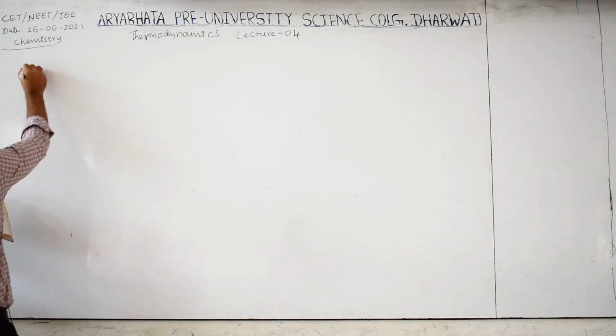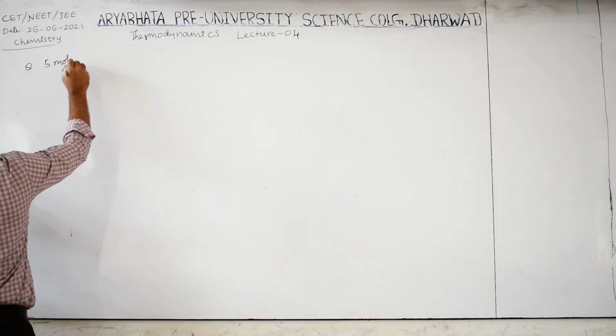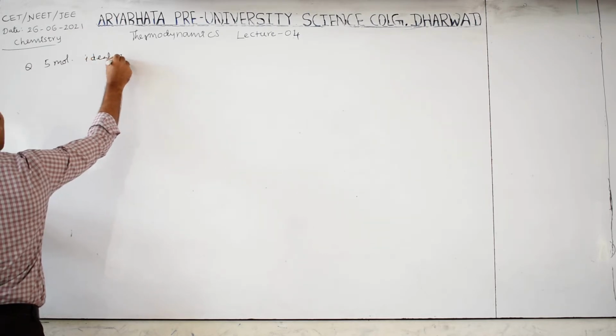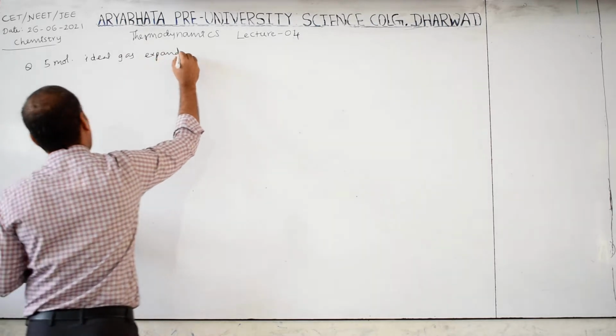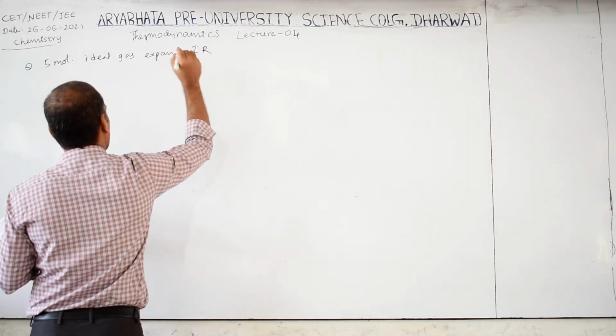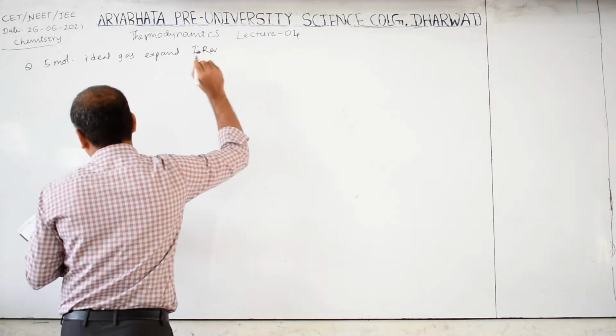Here one question is 5 mole of an ideal gas expand isothermally reversible. It means isothermal reversible. This is reversible, this is iso. Okay.